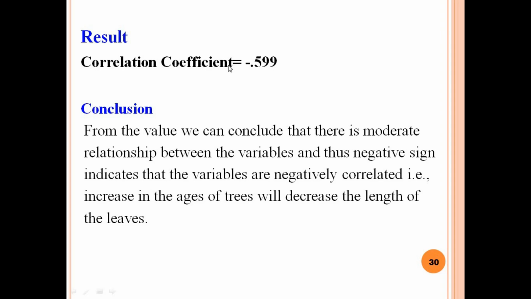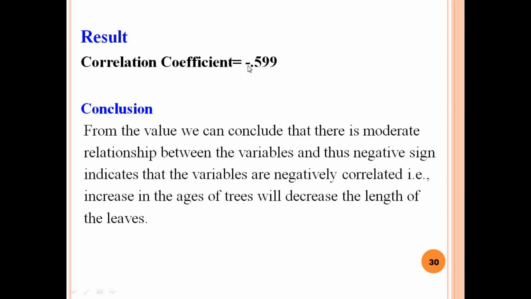So here we know the range for the correlation coefficient is -1 to +1. So you see here the value is minus 0.599. How can we interpret, how can we conclude on the basis of this result? I have given the conclusion part here. From the value we can conclude that there is a moderate relationship between the variables, and the negative sign indicates that the variables are negatively correlated.